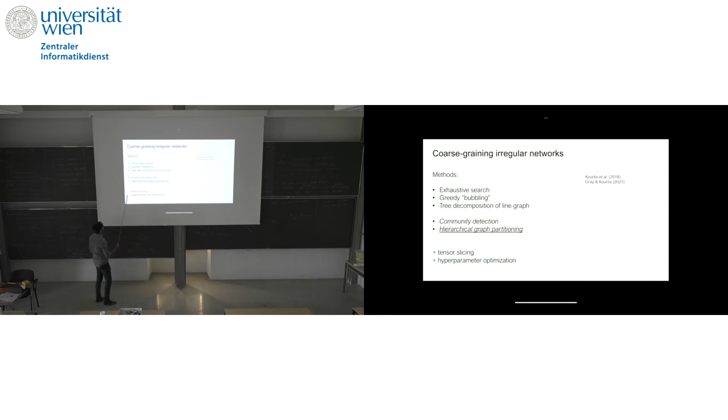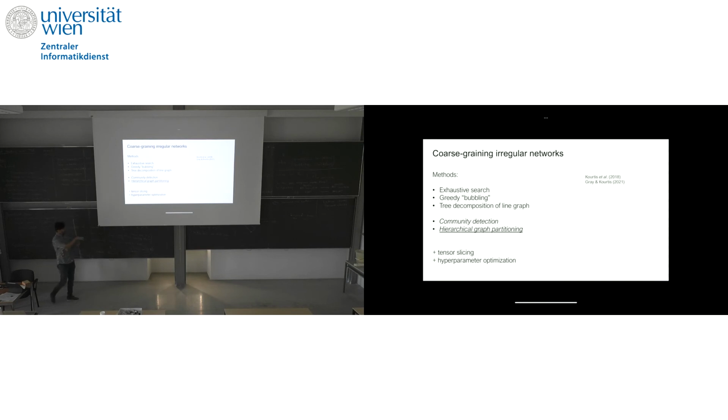Things that were known before were, of course, exhaustive search, which doesn't work if you have more than, say, 10 tensors in your network. Greedy bubbling, which is what I sketched there, which is also very suboptimal in most cases. And you also have the tree decomposition of the line graph of your network.